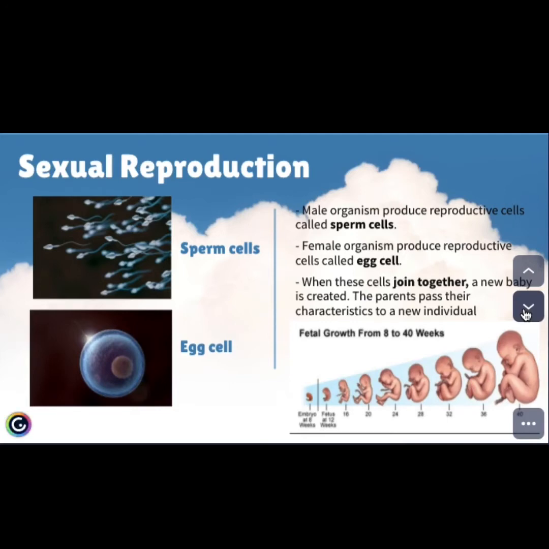When these cells join together, a new baby is created. The parents pass their characteristics to a new individual. Keep in mind that sexual reproduction gives the new individual the characteristics of both parents, as opposed to asexual reproduction, where the offspring inherits the characteristics of just one parent.